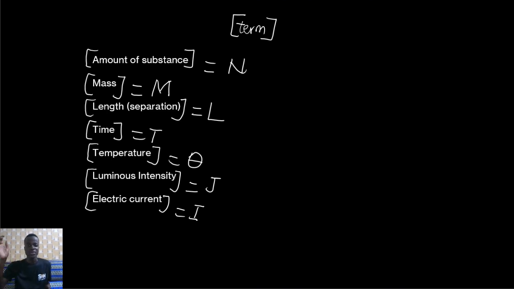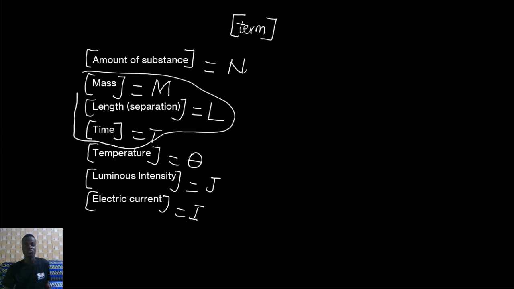Whatever other quantities we have, we'll be able to break them down into these components. But the most important ones that we'll be using are mass, length, and time, which we'll try to familiarize ourselves with. Our focus will be on these, and we'll be able to break quantities into them.